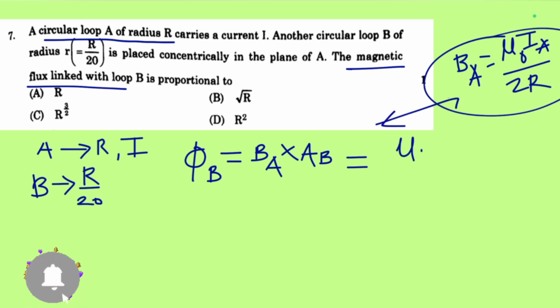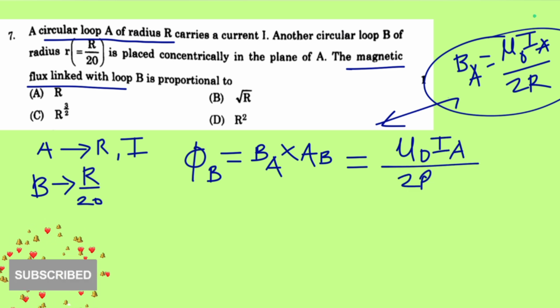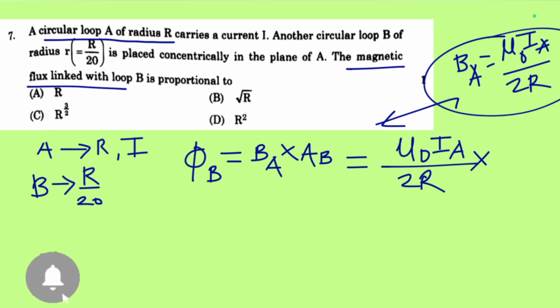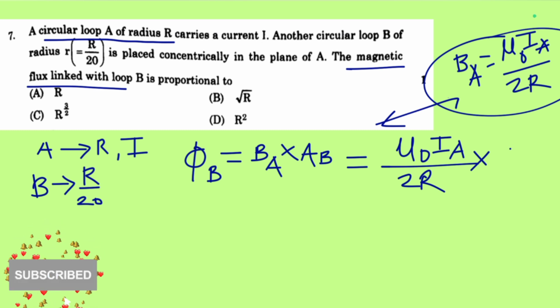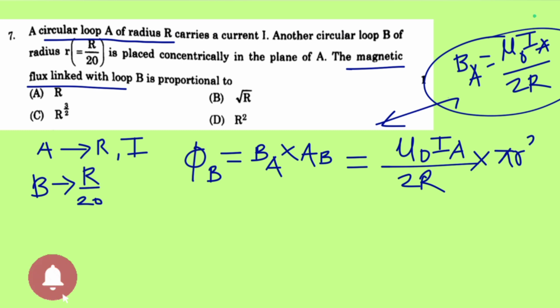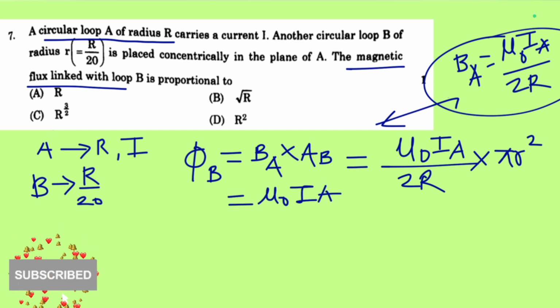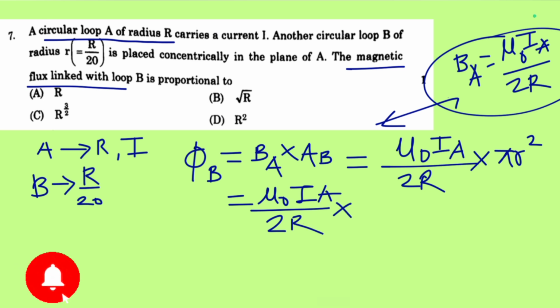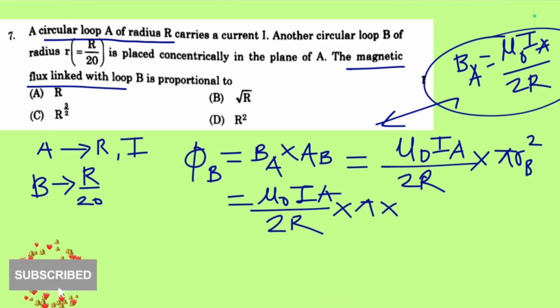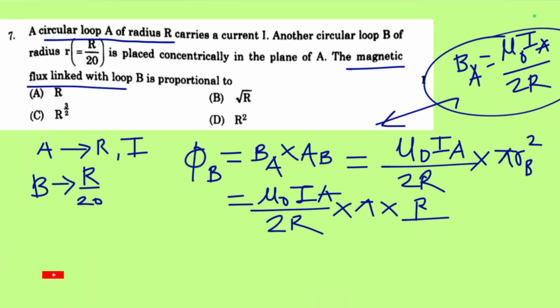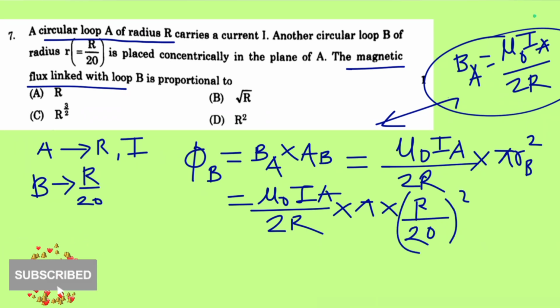So it will become mu naught I upon 2r multiplied by the area of loop B. What is the area of a circular loop? That should be pi r square. Basically it will be mu naught I upon 2r multiplied by pi, and the radius of the second loop is r by 20, so I will write that squared.